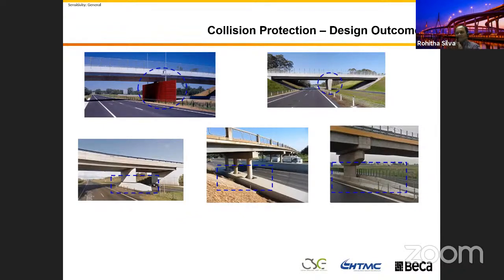The truck can go and hit, but before it hits the pier, it is going to hit the barrier, and the momentum will be less. Even if it hits the barrier, the impact is much less. The bridge pier is strong enough to take any residual force. So this is a very simple way.